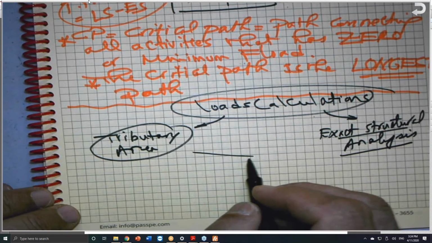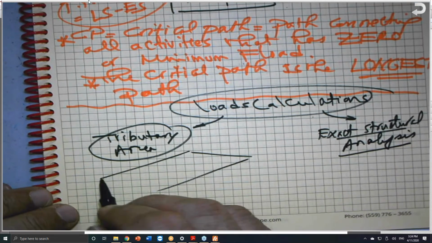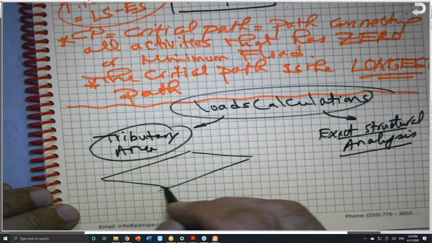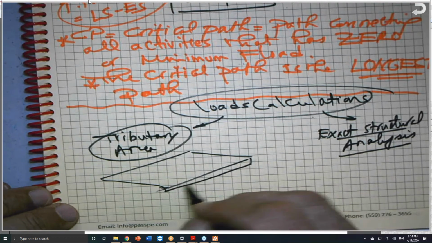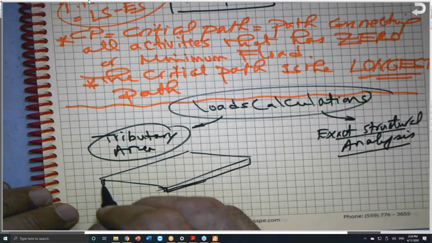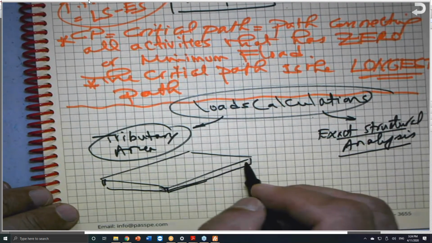For a tributary area, we take the area that will be the responsibility of a specific column or a specific member.